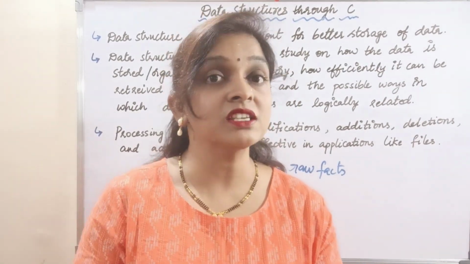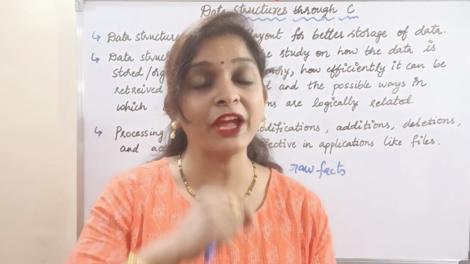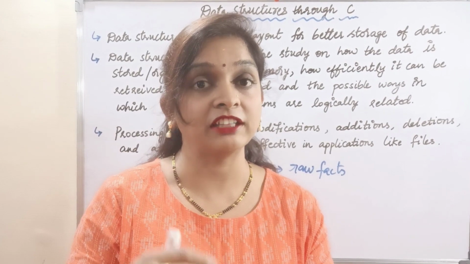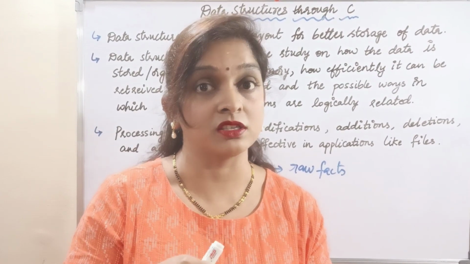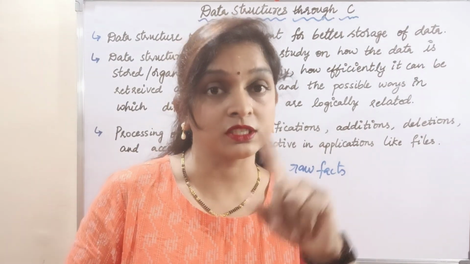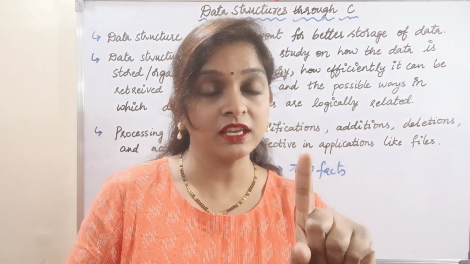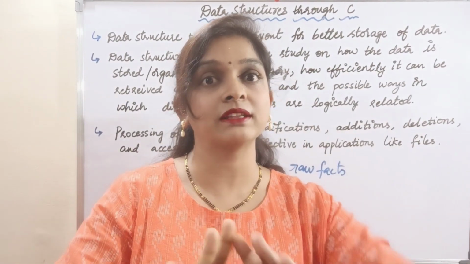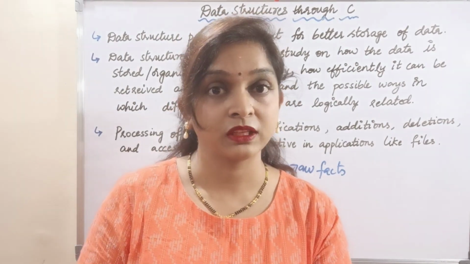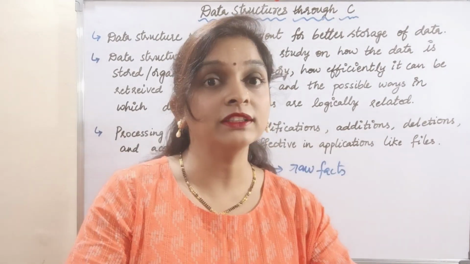So when I process the data, the crucial thing that we have to deal with here is how we need to process it, and the most essential thing is how we are going to store that inside the computer's memory. That is how we are going to organize it, how we are going to store it in the memory.